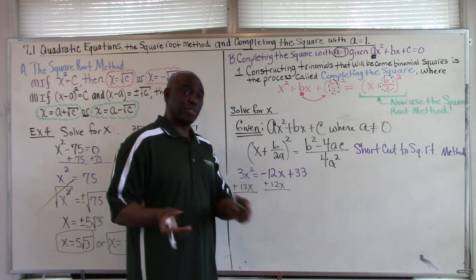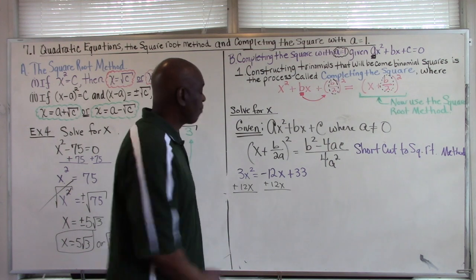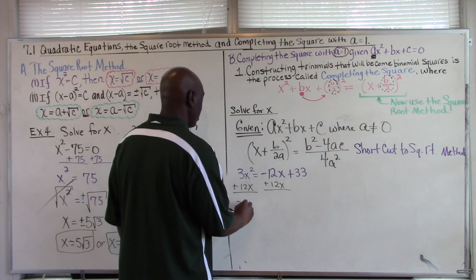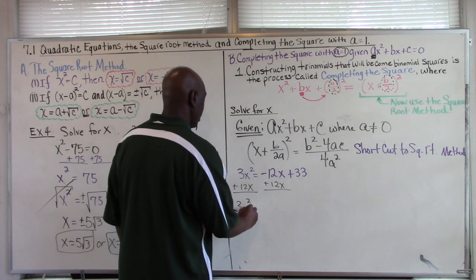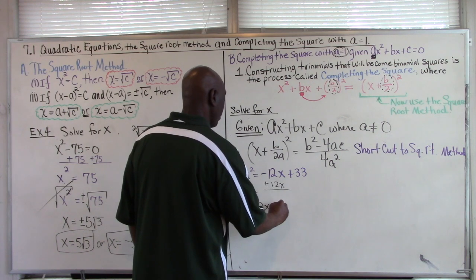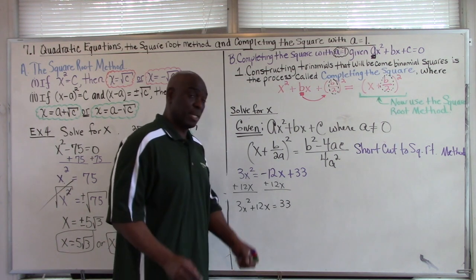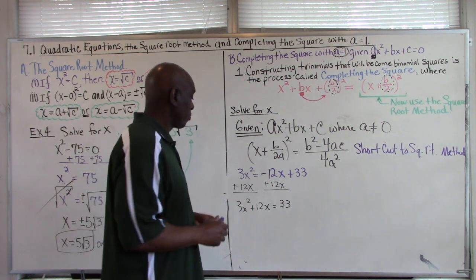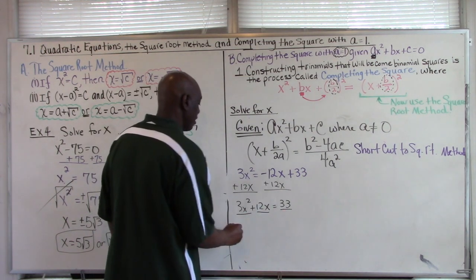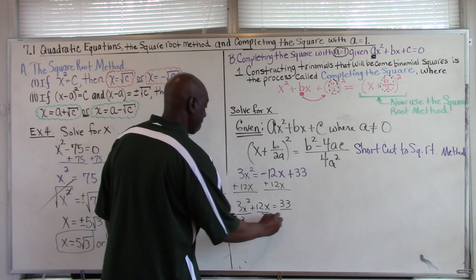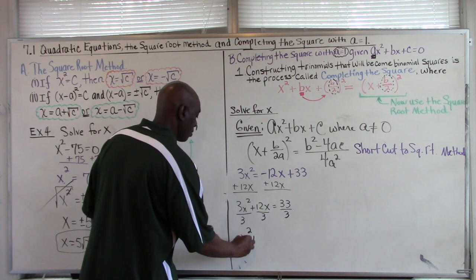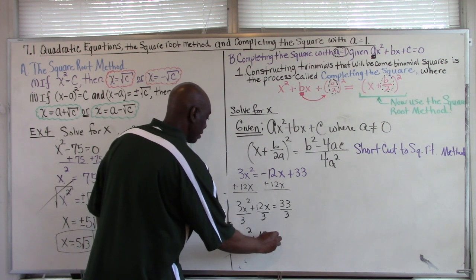This was the problem I told you to put an asterisk by a certain spot. We added 12x to both sides, and we got 3x squared plus 12x equals 33, right? And if you want to, let's go a step further and divide everything by 3, and you get x squared plus 4x equals 11.